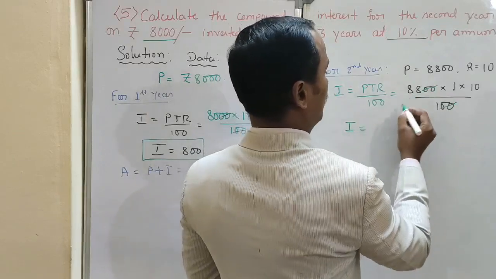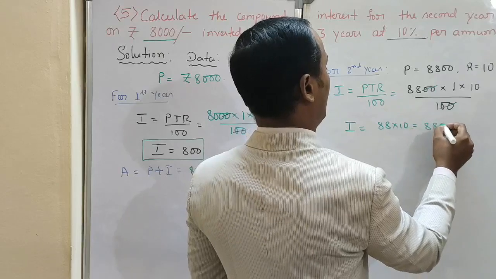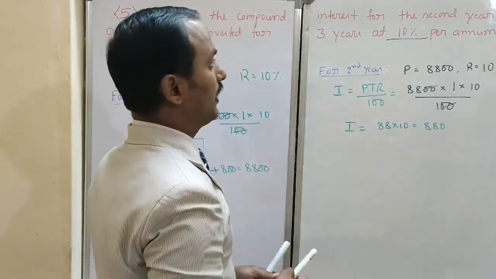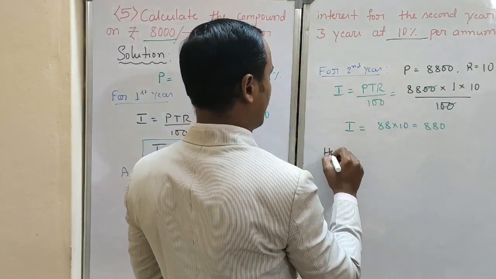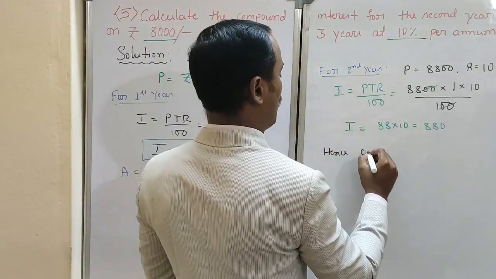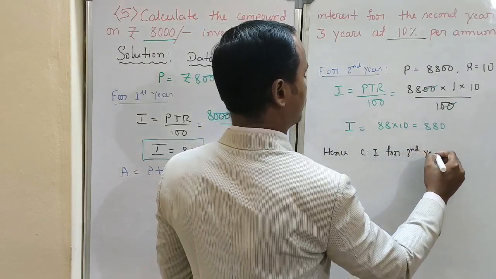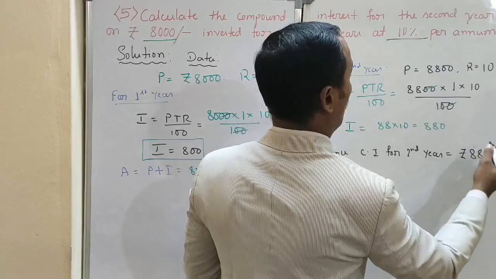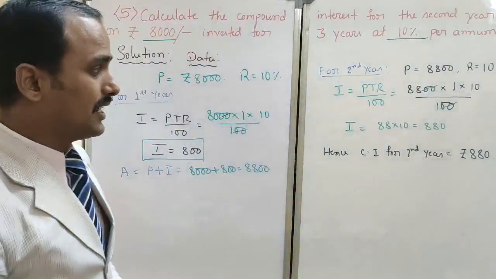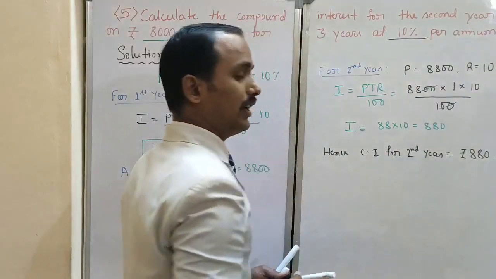Interest is equal to 88 into 10 is equal to 880 rupees. The compound interest for the second year, the final conclusion: compound interest for the second year is rupees 880. What they asked in the question, that much answer you keep, that is enough, dear children. This is the second year. Okay, understood?